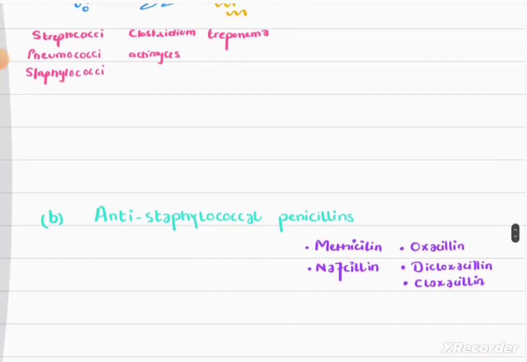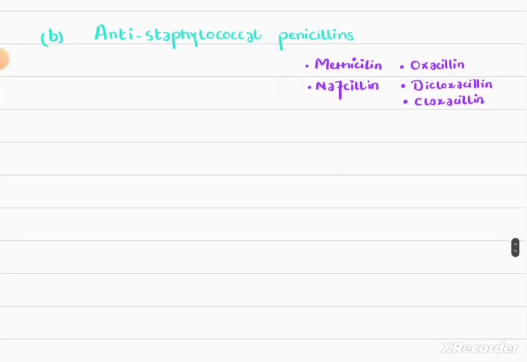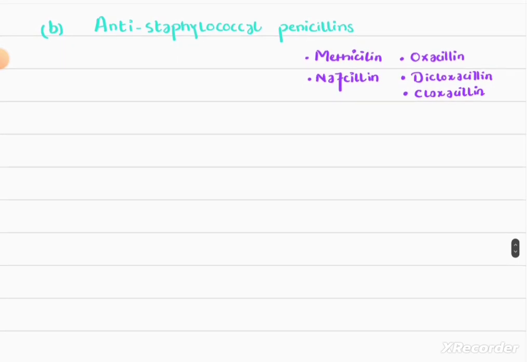Now we'll move towards the anti-staphylococcal penicillins, which are very narrow spectrum penicillins. They are primarily used for the treatment of staphylococcal infections, as the name indicates. They also have activity against some pneumococci, but due to the nephrotoxic potential of the drugs in this class, they're no longer used.